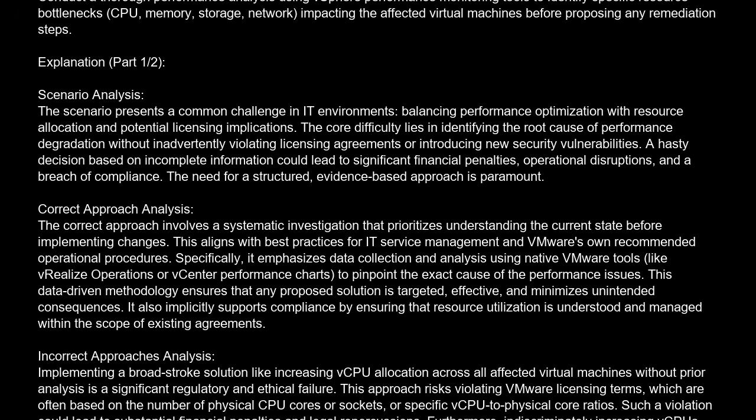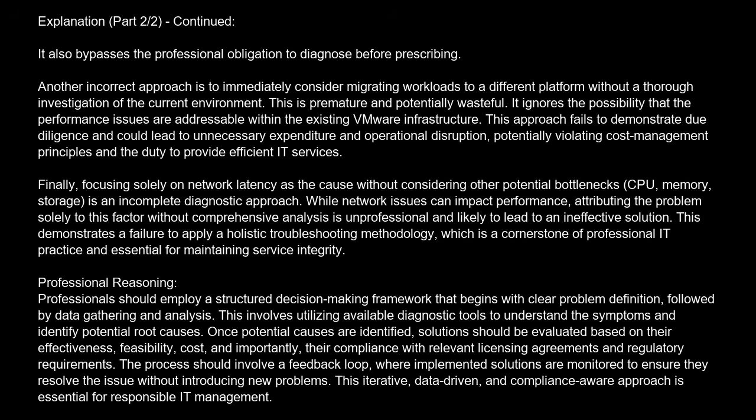Such a violation could lead to substantial financial penalties and legal repercussions. Furthermore, indiscriminately increasing vCPUs can negatively impact host performance by increasing scheduling overhead and contention, exacerbating the original problem or creating new ones. It also bypasses the professional obligation to diagnose before prescribing.